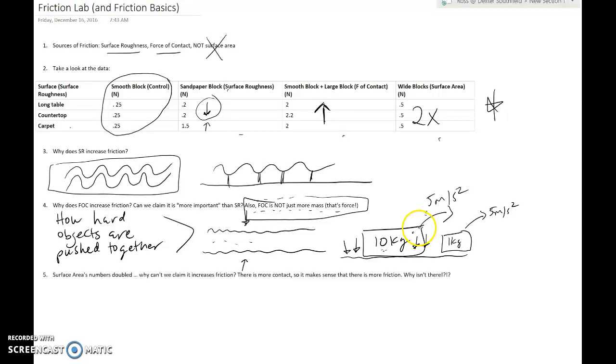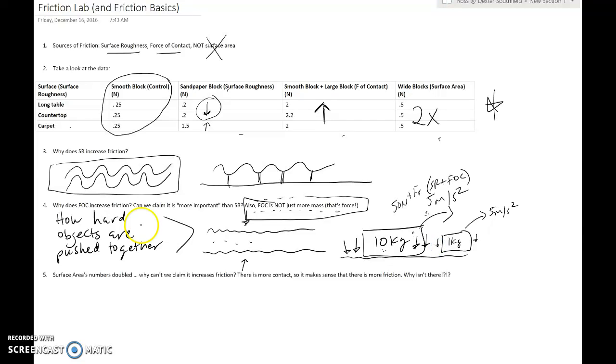So in addition to the 50 newtons just inherent to the mass, we now also have to deal with the friction due to the surface roughness and the force of contact, because that box is being pushed down onto whatever object this is, or whatever floor this is, rather. This 1 kilogram box will also have some force of contact, but less force of contact because its weight is smaller.